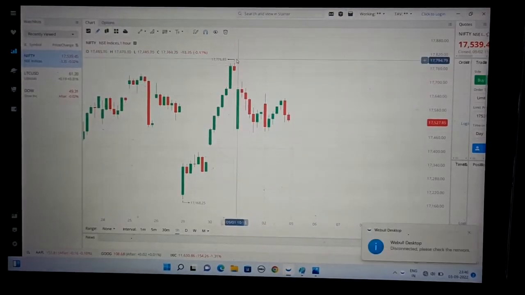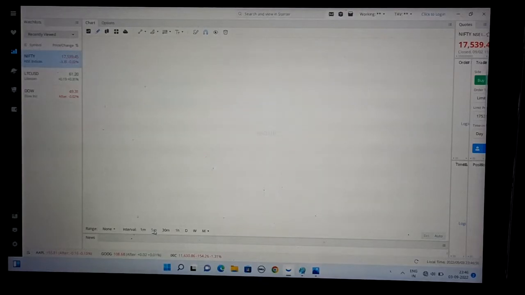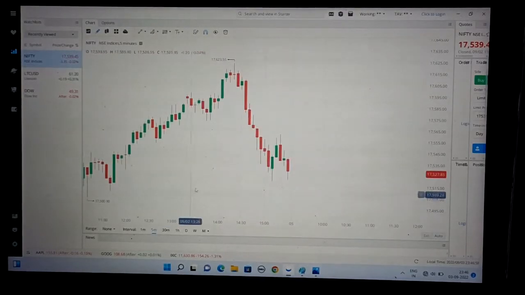The market is falling from this point, so we can say the market is in a downtrend. If we see this graph in a 5-minute chart, then the case has changed a little bit.